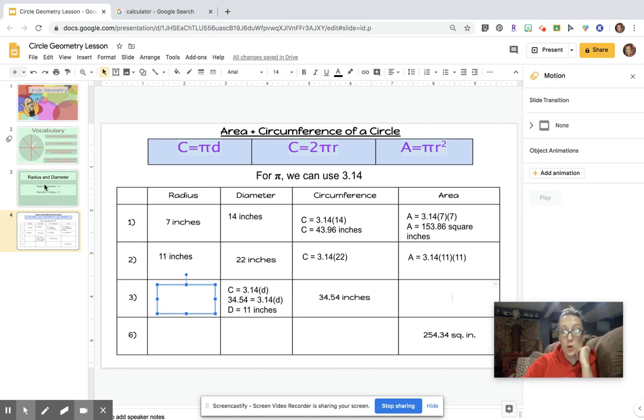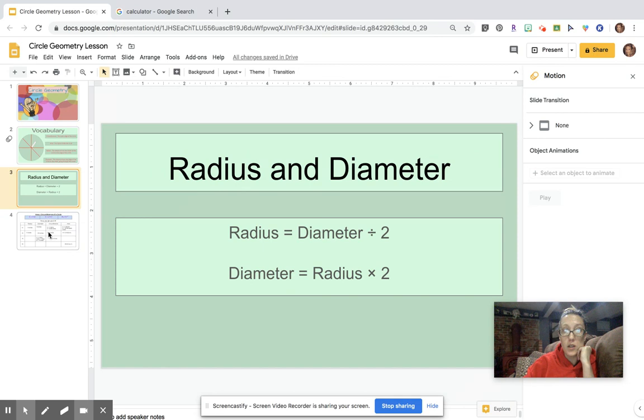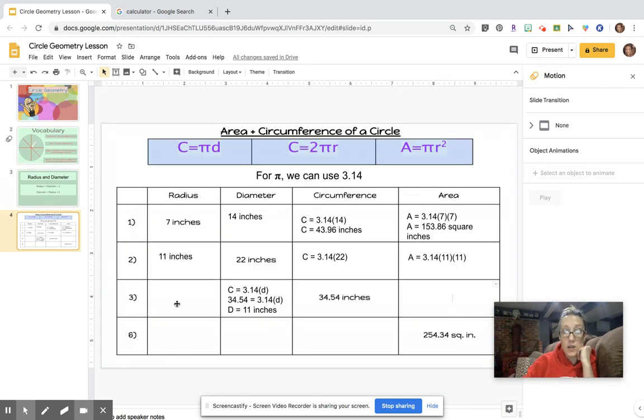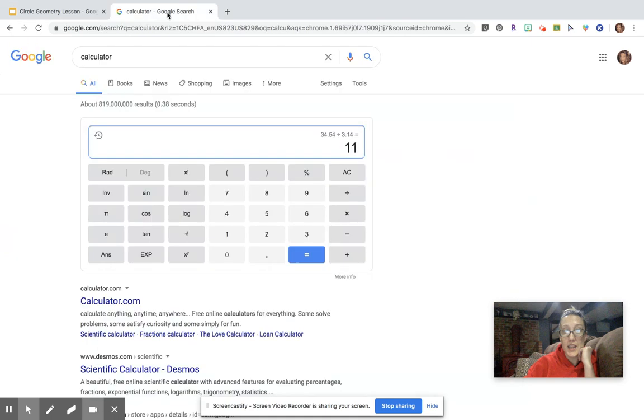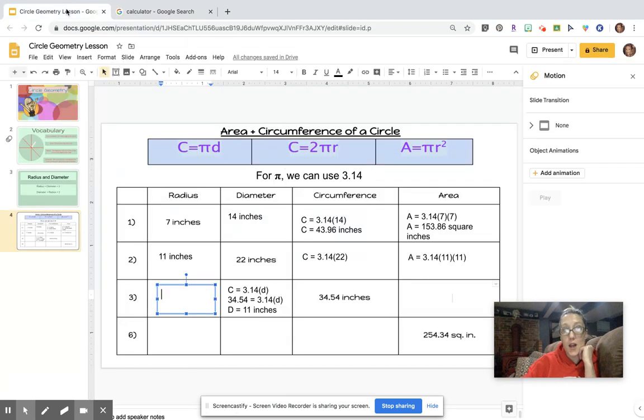Well, I know from, again, looking back up here, the radius is the diameter divided by 2, right? So all I'm doing is taking my diameter, which is 11 inches, and dividing it by 2, and that gives me my radius of 5.5 inches.